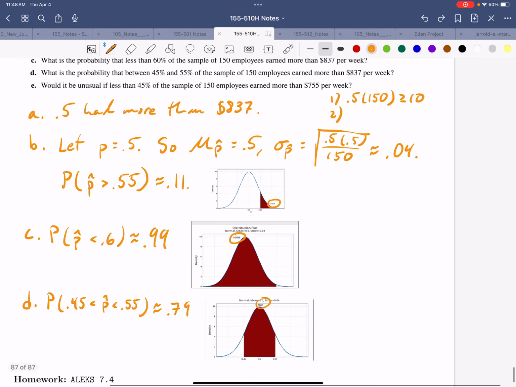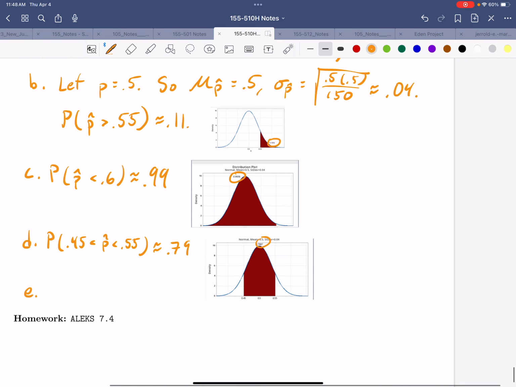We have a sampling distribution right here. We have 837. No matter what the variance or standard deviation is, this is still 50%, this is still 50%.